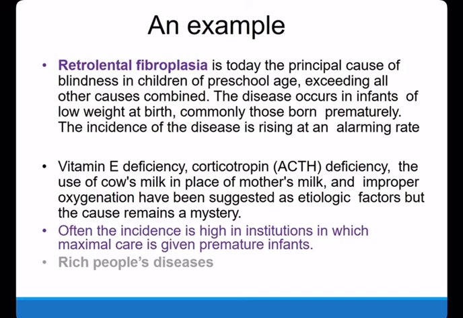While vitamin E deficiency, corticotropin deficiency, the use of cow's milk in place of mother's milk, and improper oxygenation have been suggested as etiological factors, the cause remains a mystery. As retrolental fibroplasia often occurs with a high incidence in institutions where maximal care is given to the premature infant, many people consider it a very rich people's disease.